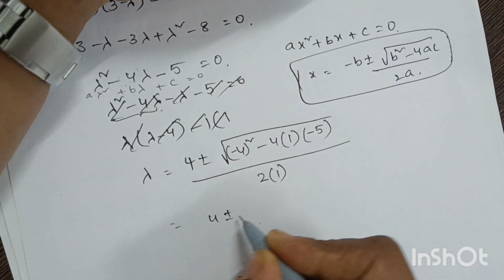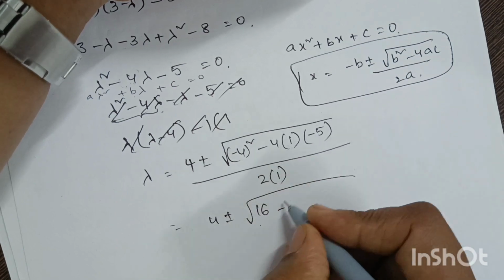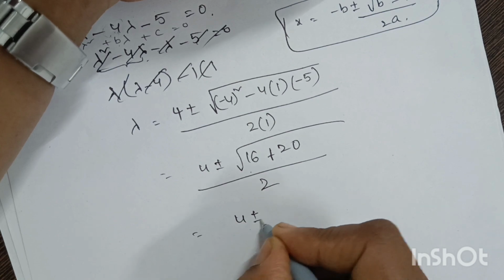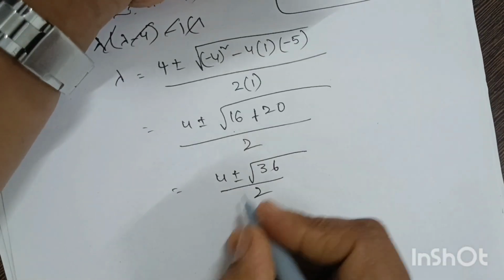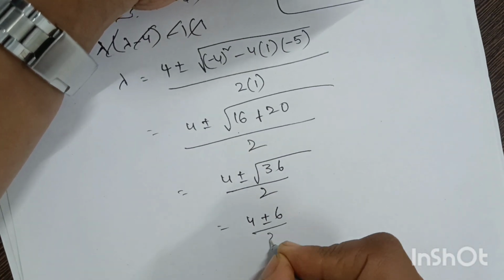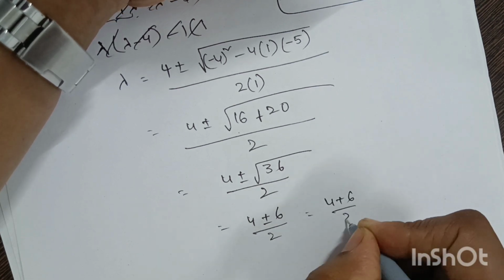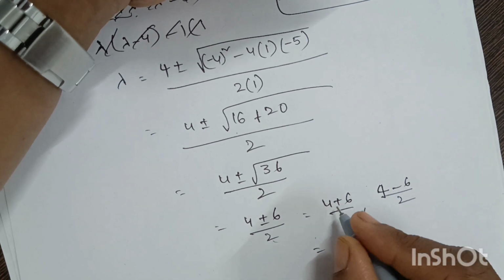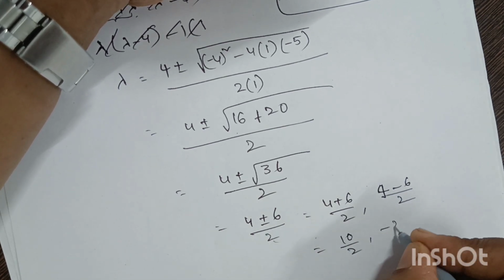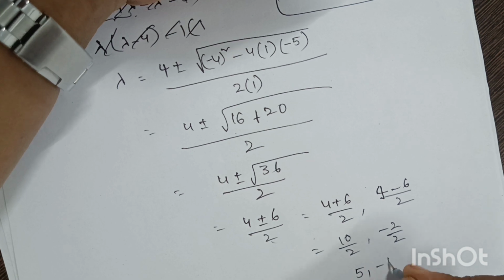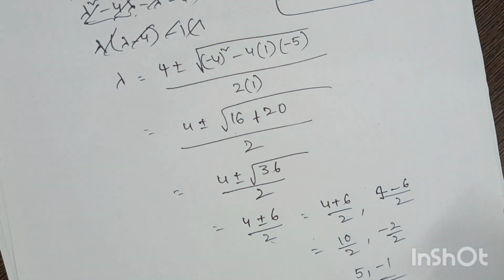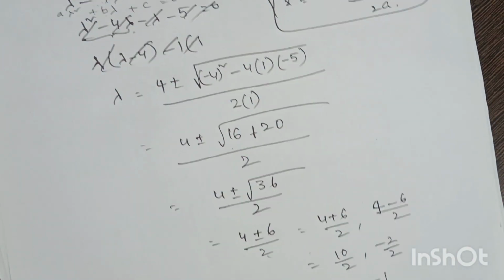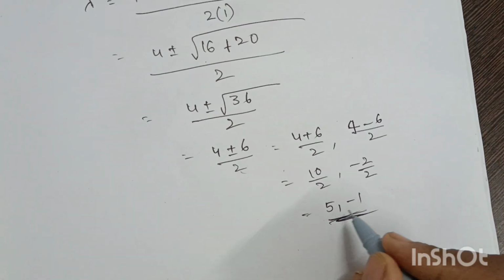So 4 plus or minus the square root of 16 plus 20, that is the square root of 36, over 2. The root of 36 is 6. So 4 plus 6 by 2 and 4 minus 6 by 2: 10 by 2 and minus 2 by 2, that is 5 and minus 1. Anyway, the lambda values are 5 and minus 1.